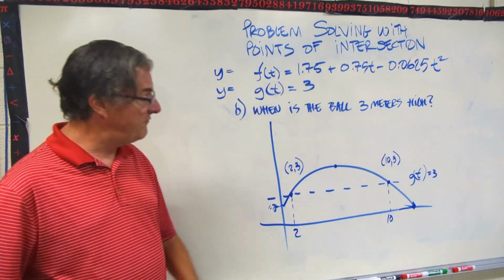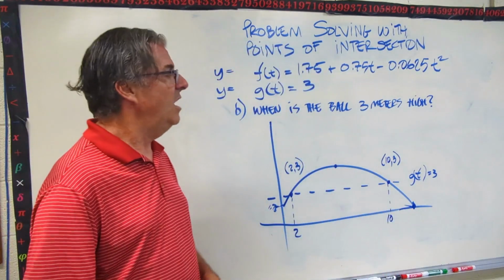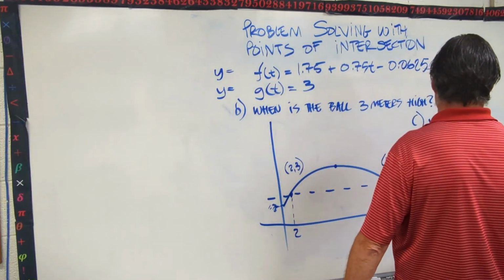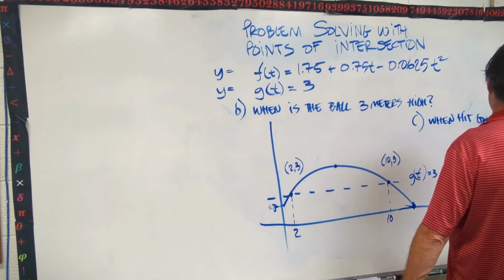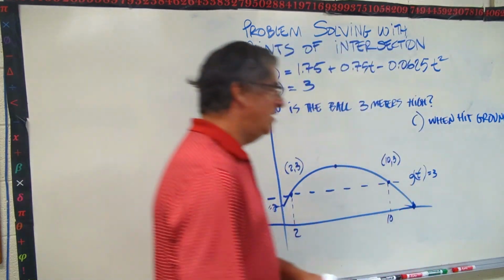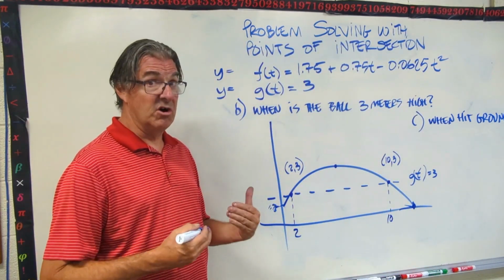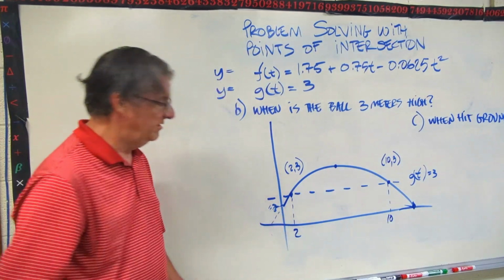Now I want to ask you to find this time. This is our C question, which was when does the ball hit the ground? Let's put that over here. When hit ground. Now, you might want a hint for that. Find the zeros of the function. You'll find one that's back here.